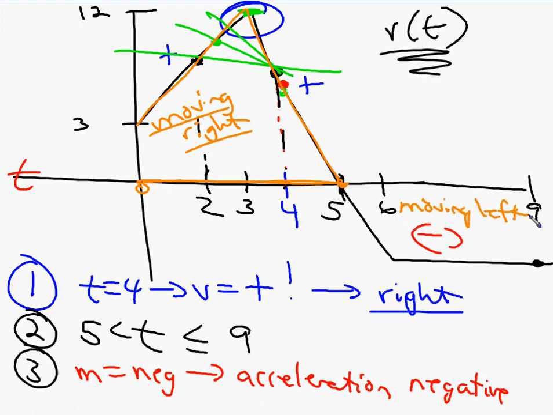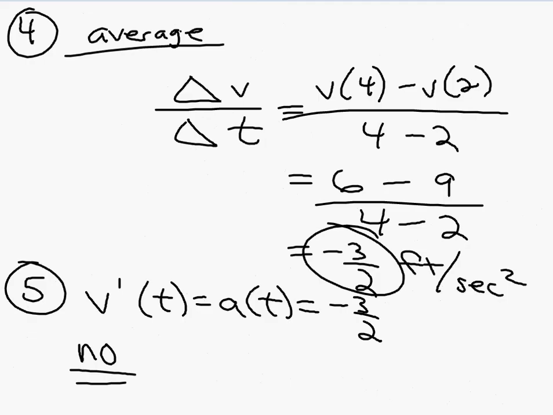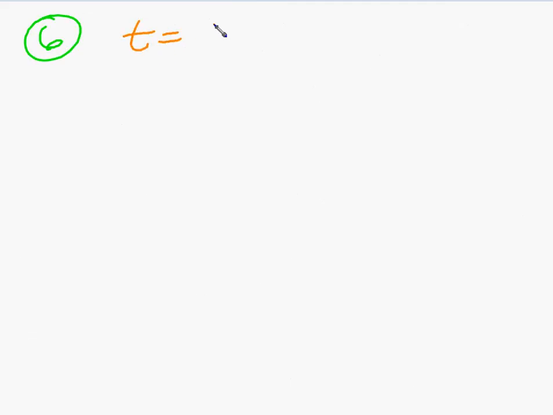And it moved to the left the rest of the time. So I know from 0 to 5, it was moving right the entire time. It was farthest to the right at time t equals 5. And we are going to stop there for today.